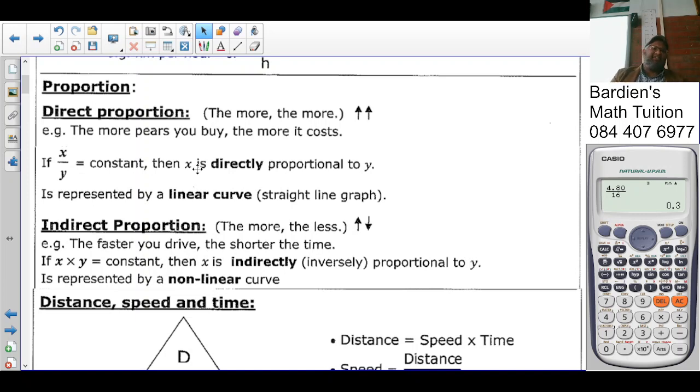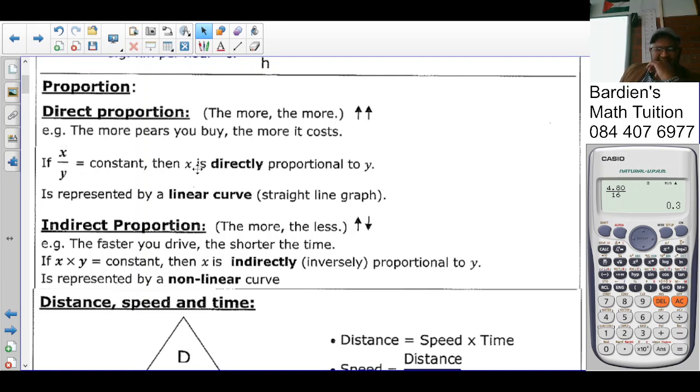So as one increases, the other increases as well. If x over y is equal to a constant, meaning it's the same value all the time, then x is directly proportional to y. It's represented by a linear curve, or a straight line.